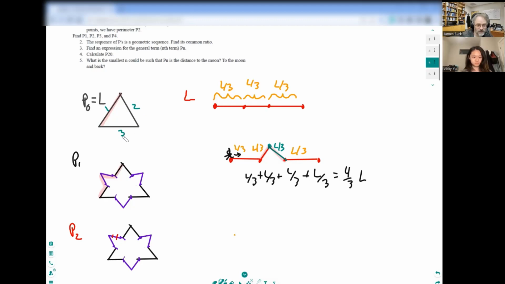Then 4/3 of this one, and then 4/3 of this one. And I can add them all together, or we also know since it's all going to be the same value, like we did over here, that just begs us to look at multiplication. So the next one here is going to be 4/3 of the previous length. But the next one is 4/3 of the previous length's previous length. Or in other words, when I get to P2, that's going to be 4/3 squared.